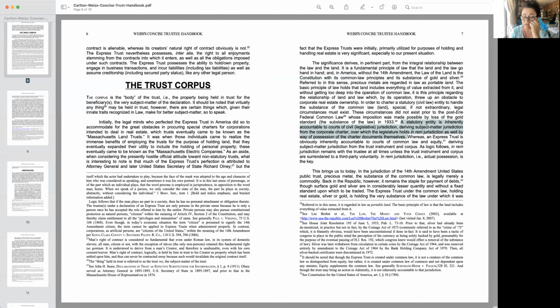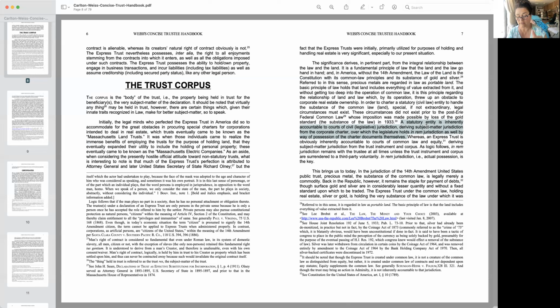Oh, so in rem is like bad. It's like not positive, it's negative. It's against and affecting a thing. Not that we are things, because we're not, but they made the name a thing. And therefore other people generally imposing a general liability. Compare with in personam.